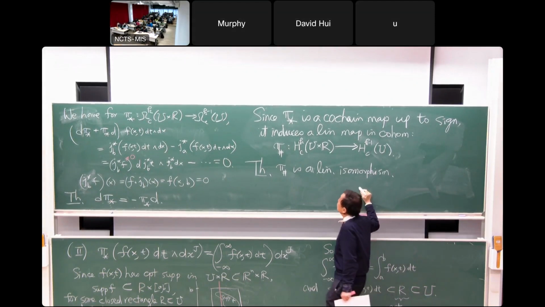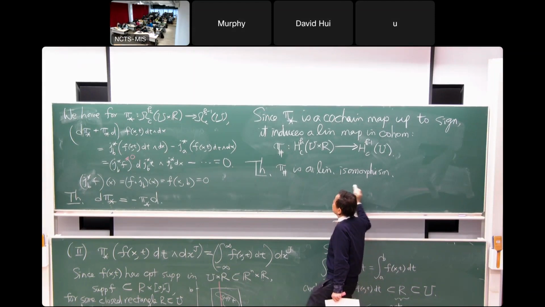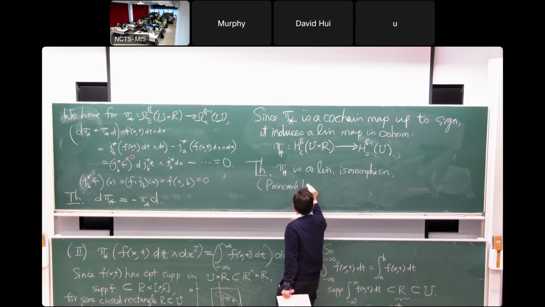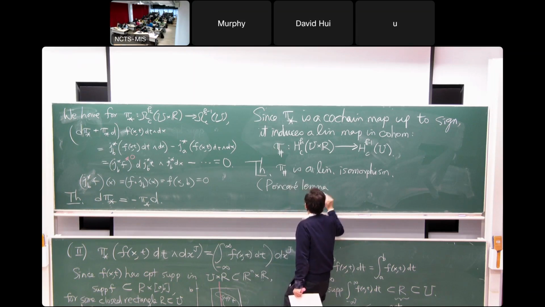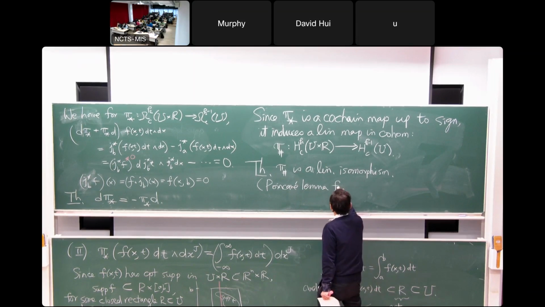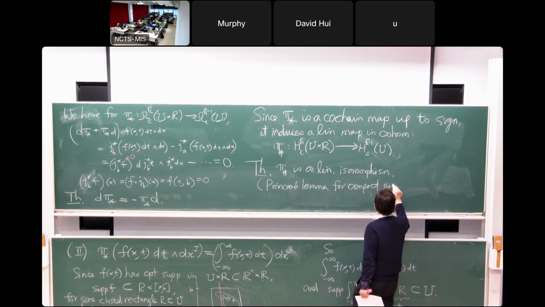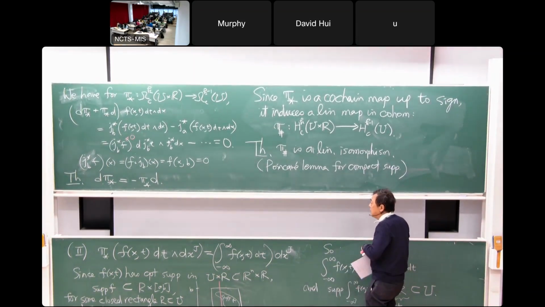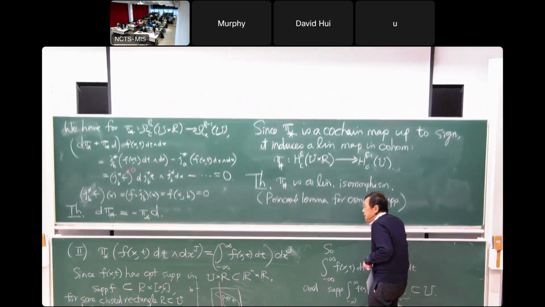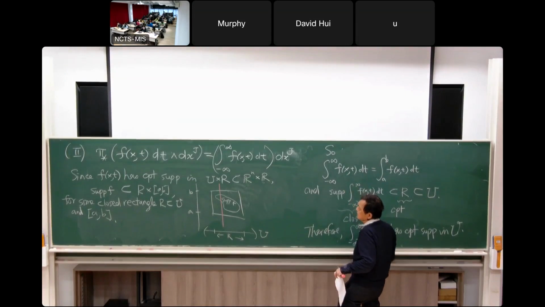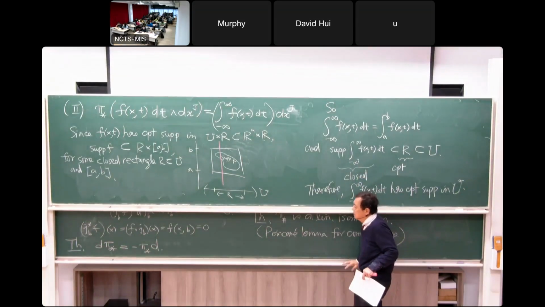Now, this theorem is also called the Poincare lemma for compact support. And now let's see what implications it has.